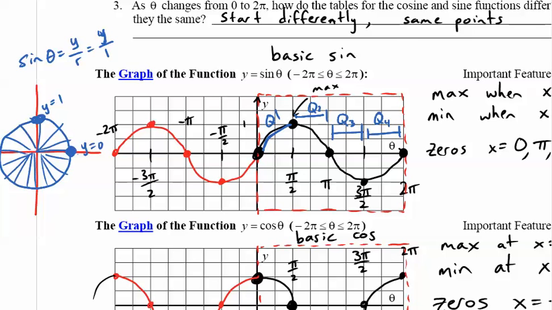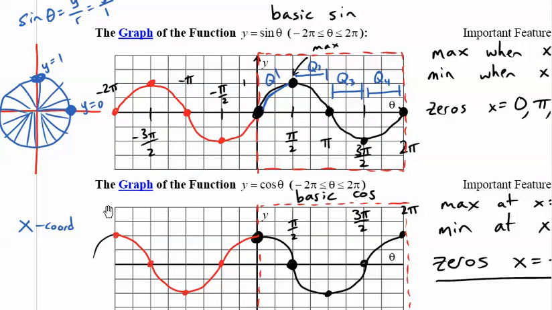And the cosine graph is the x-coordinate. So the x-coordinate starts at 1, and then goes down to 0, to negative 1, and then back to 0. All the way, and once you get all the way around the circle one time, the x-coordinate's back at 1. So the cosine graph is just the x-coordinate as you go around this unit circle.